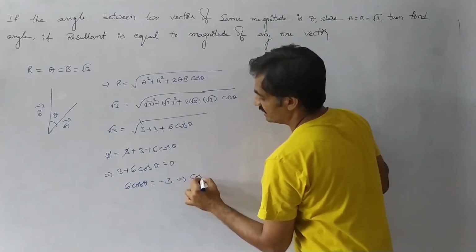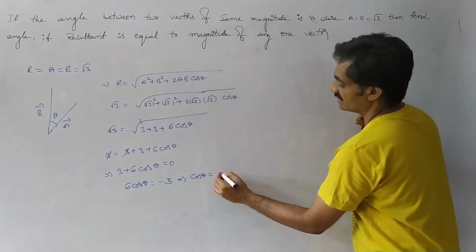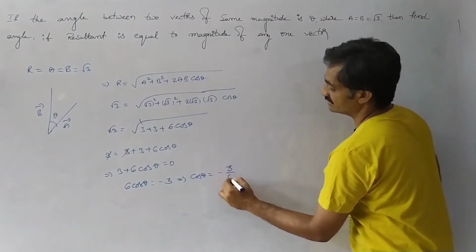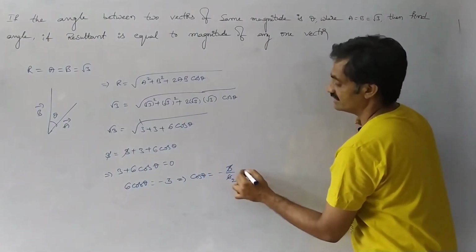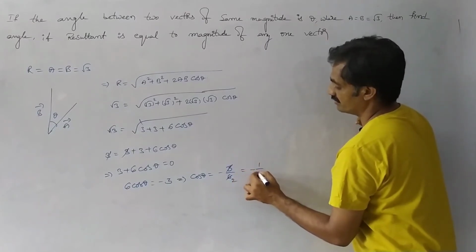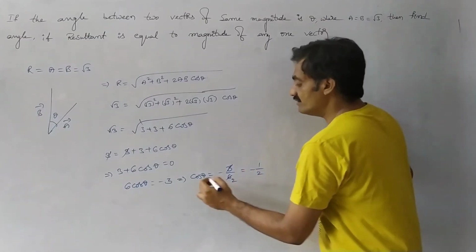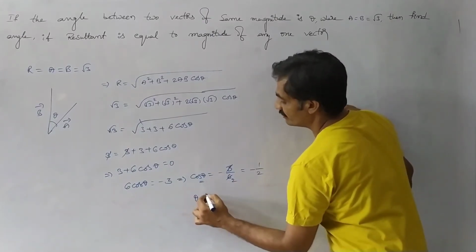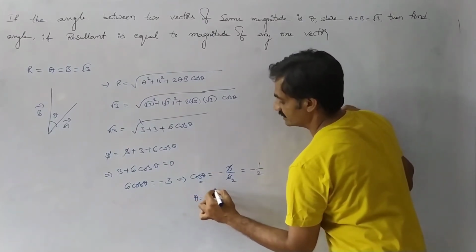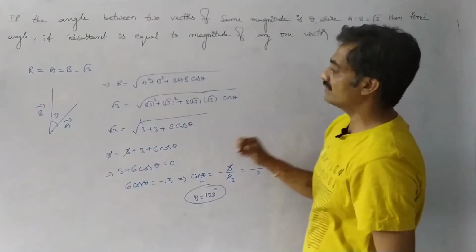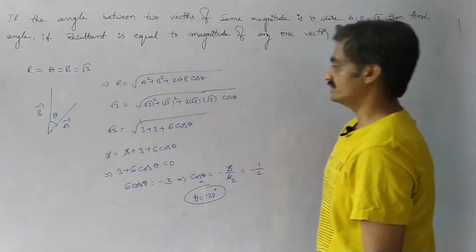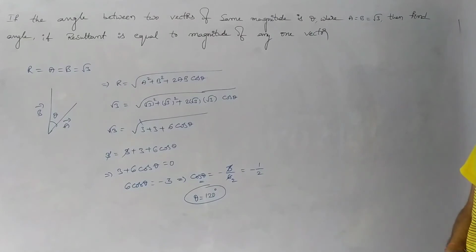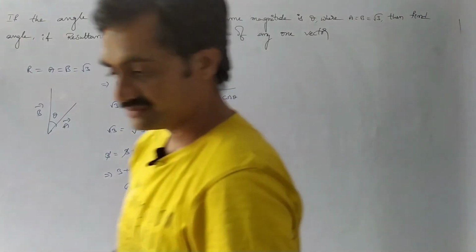Then cos theta = -3/6, which is -1/2. We know that we get -1/2 for cos at an angle of 120 degrees. So based on that we can say that the angle between the two vectors is 120 degrees. Take a screenshot. We will continue with the next problem.